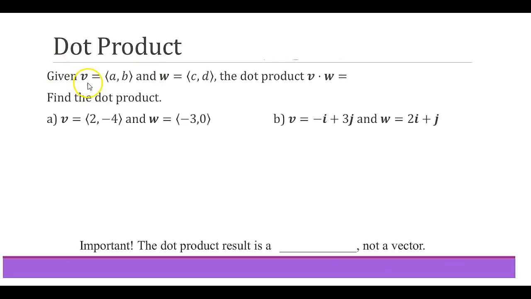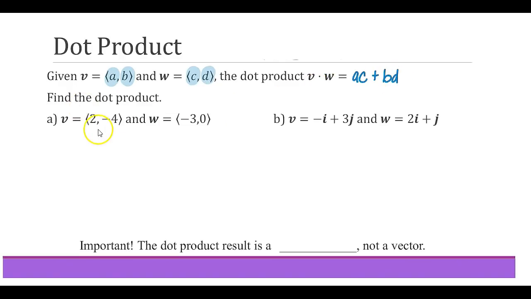So given two vectors v and w, the dot product v dot w is equal to taking the horizontal components a and c and multiplying them, so a times c, plus taking the vertical components b and d and multiplying them. So ac plus bd is the dot product.